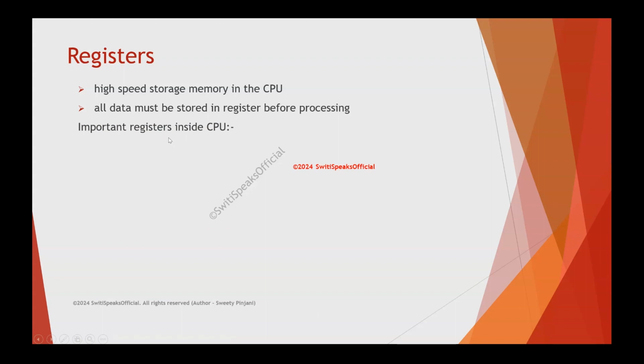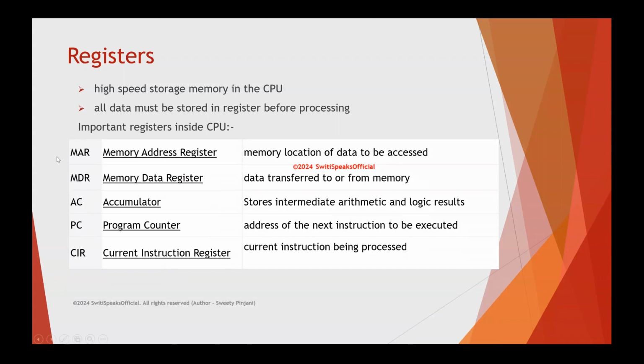Let us see some of the important registers in the CPU. Please understand this because we are going to use this terminology a lot in computer architecture, and it is very important to understand the different types of registers inside your CPU and what they contain. First we have MAR, which is the memory address register.